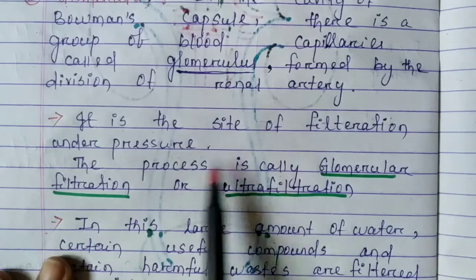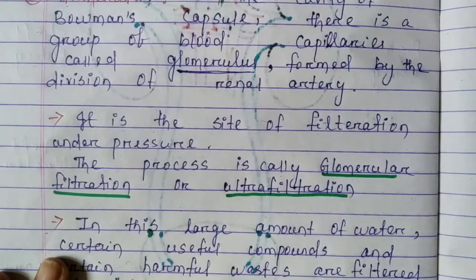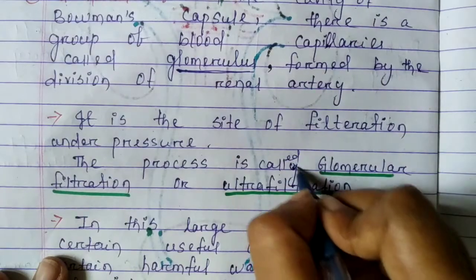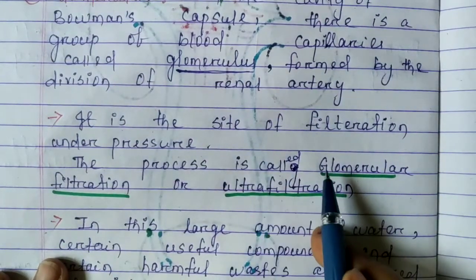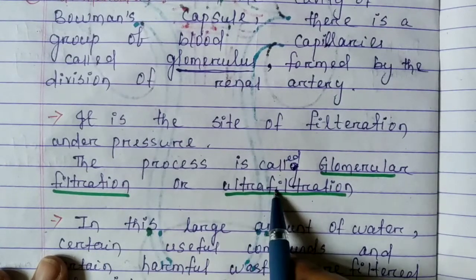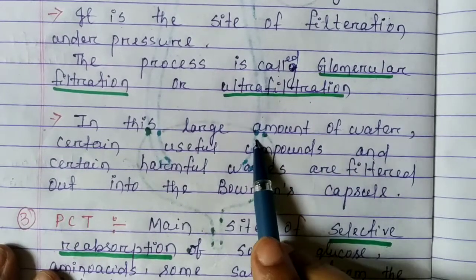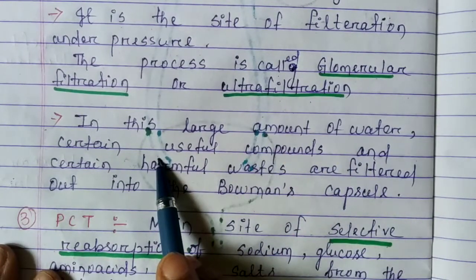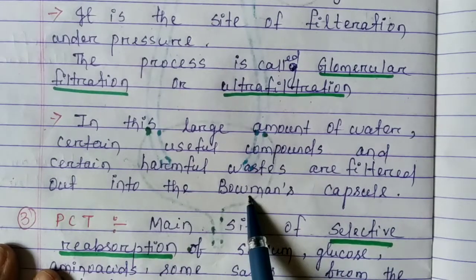So we can see over here the process is known as glomerular filtration or ultrafiltration, because the filtration is going on in the glomerulus. As I told you, a large amount of water, certain useful compounds and harmful waste are filtered out into the Bowman's capsule.